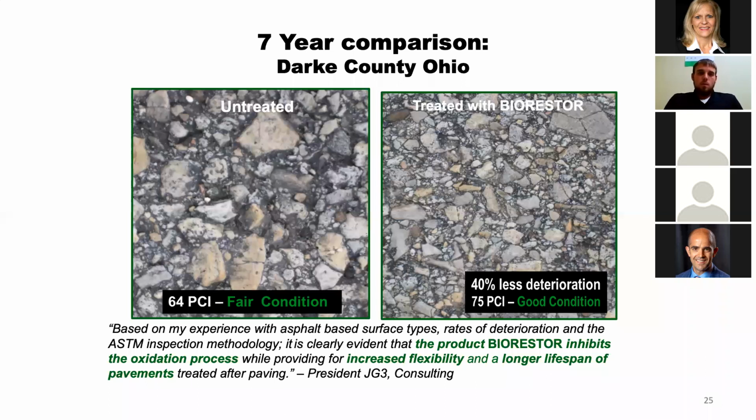BioRestore on the right-hand treated side showed 40% less deterioration. And on a Micro PAVER ASTM test, after a 7-year comparison, we rated a 64 PCI for the untreated section and a 75 PCI for the BioRestore treated section after 7 years on the road.